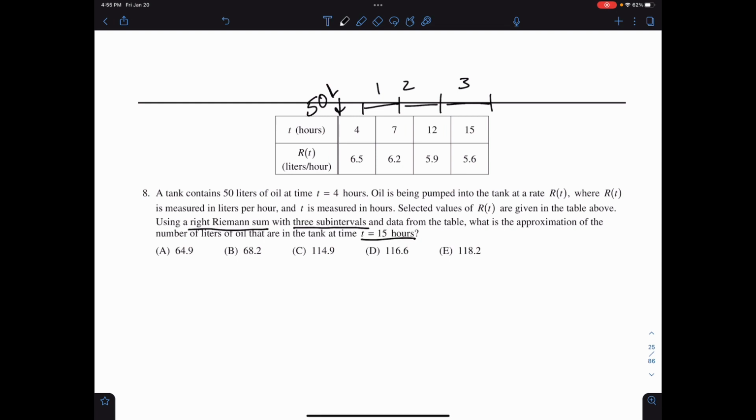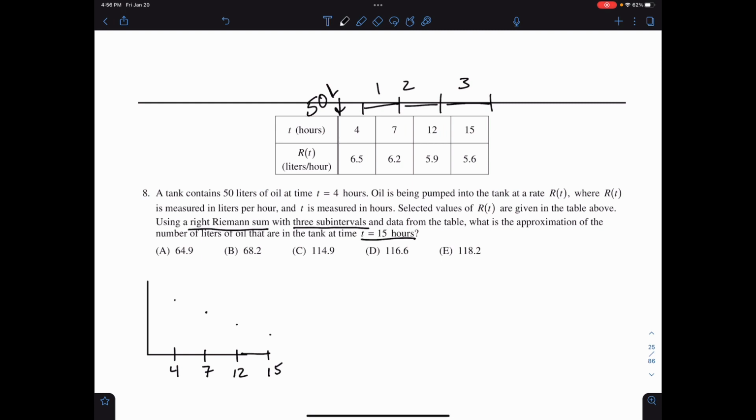So now, just to draw out what our Riemann sums look like. You're probably aware there are right Riemann sums, left Riemann sums, and middle Riemann sums. So let me plot 4, 7, 12, and then 15, and this kind of looks something like this.